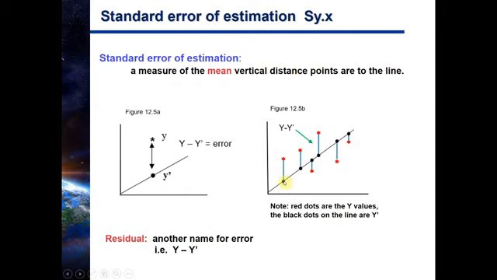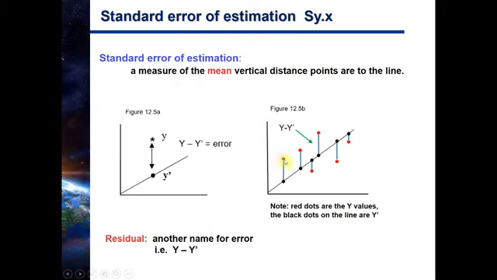So keep in mind, y primes are always those values that fall on the line. If there was, for example, a question and it put y prime out here, then you know something's wrong. Y primes are defined by the line. They will always be on the line. Whereas your actual values of y, usually they're not on the line, but sometimes they are, right?